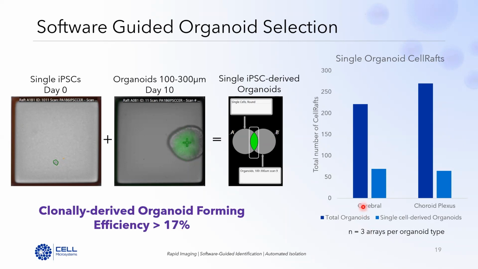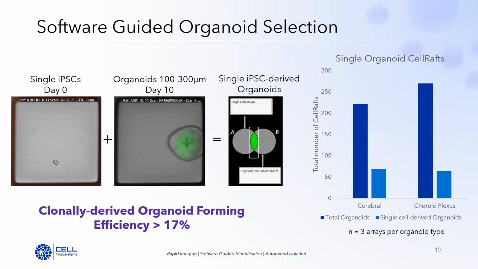In the dark blue bar, we have our total single organoids, so an average of roughly 225. And for each of these workflows, we're able to achieve 50 or more clonally derived organoids in that workflow. This is a clonally derived organoid forming efficiency of more than 17%.